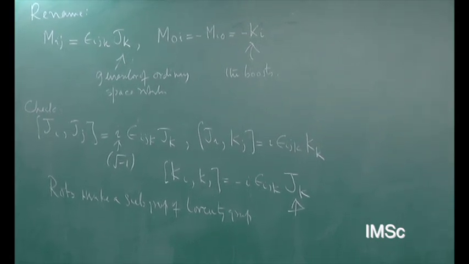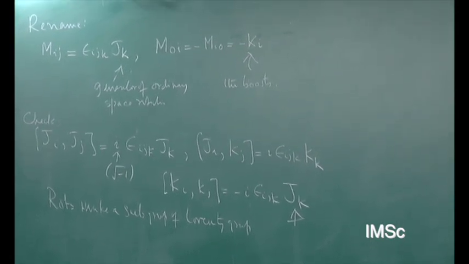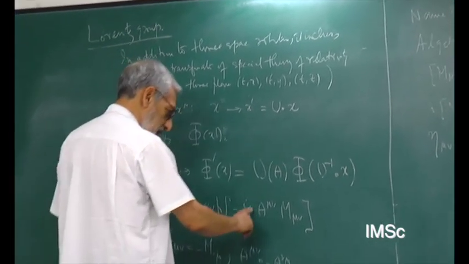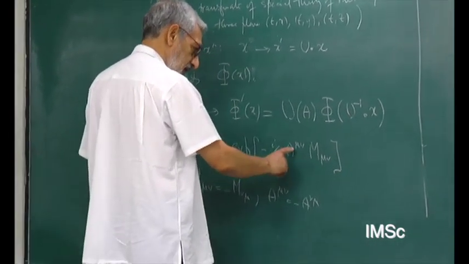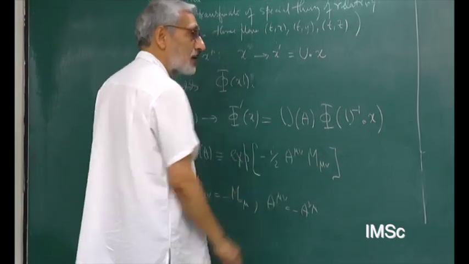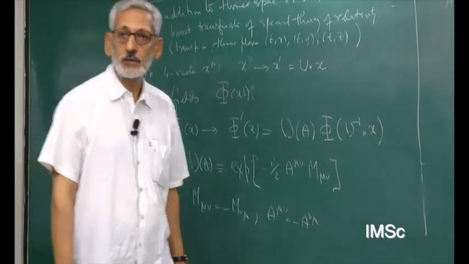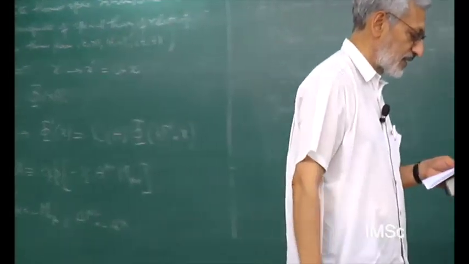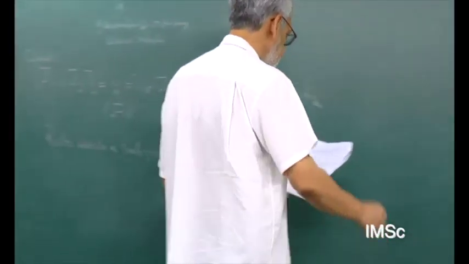Now we also said here that the general element of transformation is written in terms of exponential of i by 2 theta mu nu M mu nu. The thetas are the transformation parameters. So let's rewrite them also.